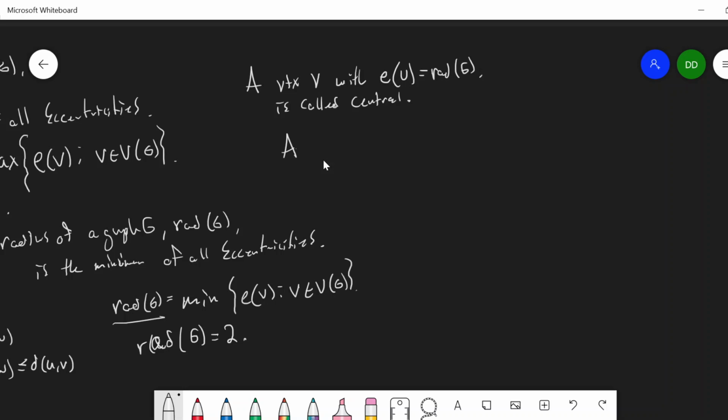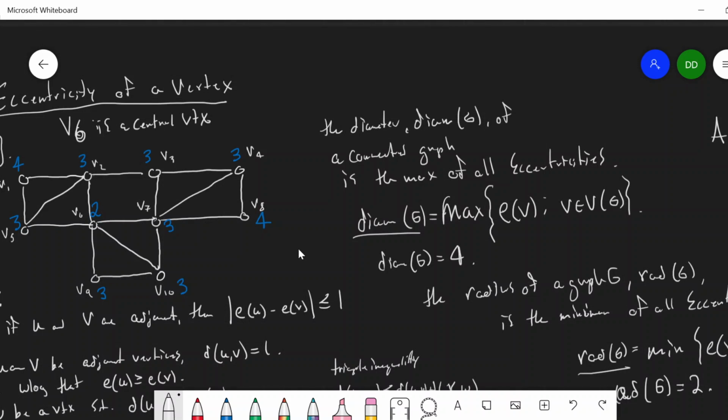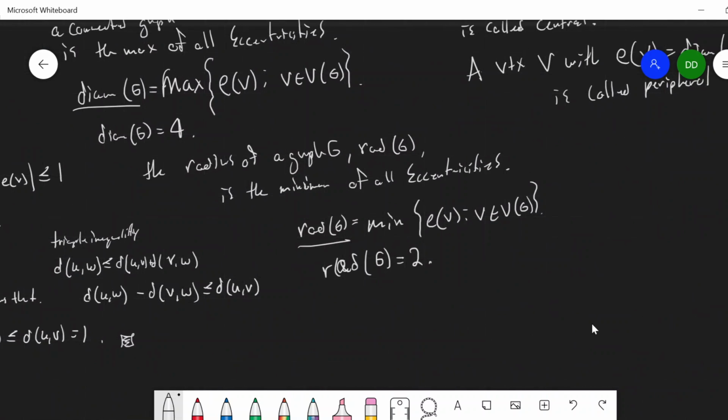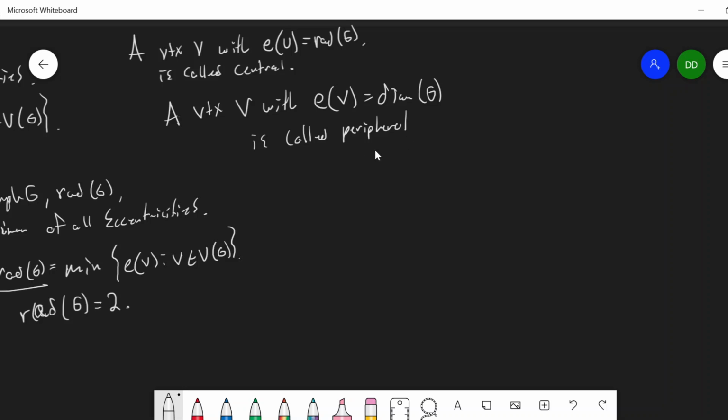And then a vertex V with eccentricity of V equal to the diameter of G is called peripheral. So V1 and V8 are peripheral. And finally, one more term to go along with this.